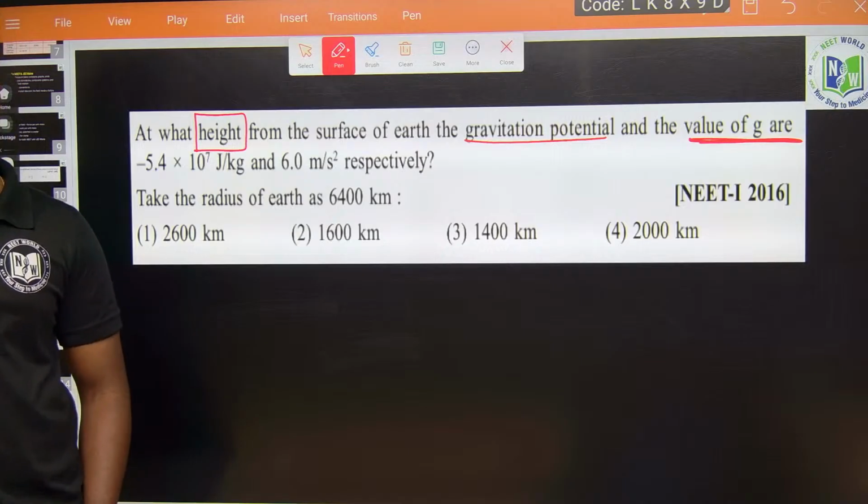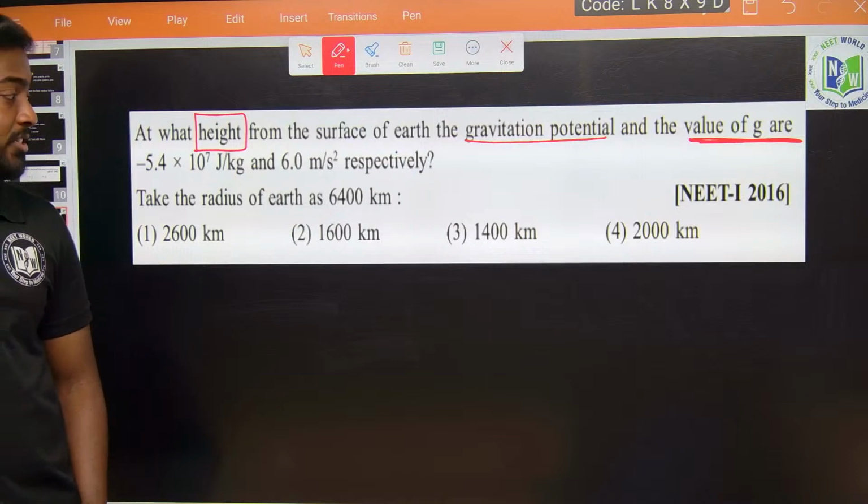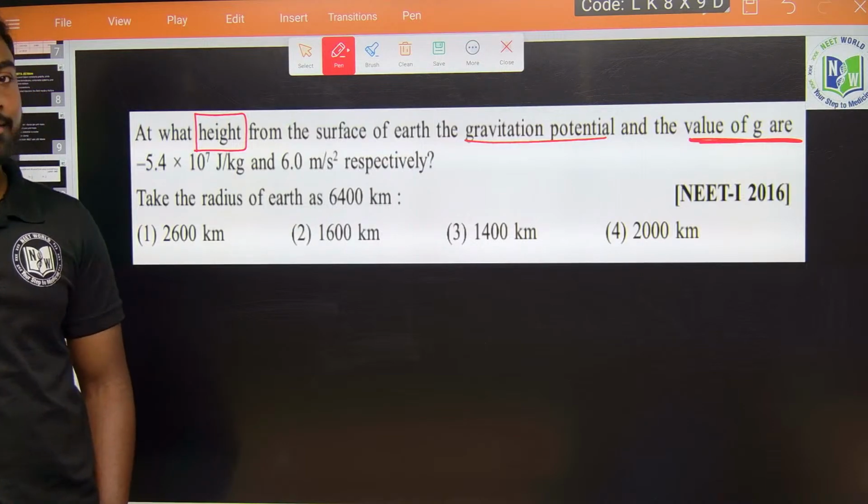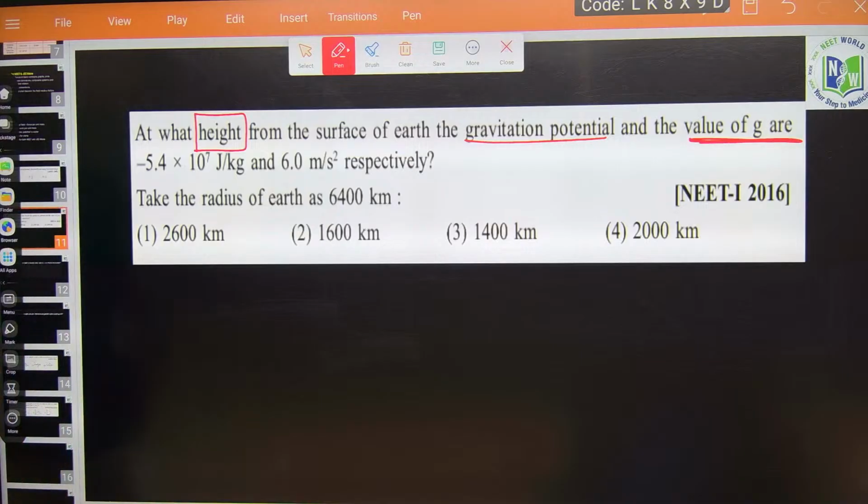I need to know the equations for potential as well as gravitation first, then I can easily solve it. I'll wait.